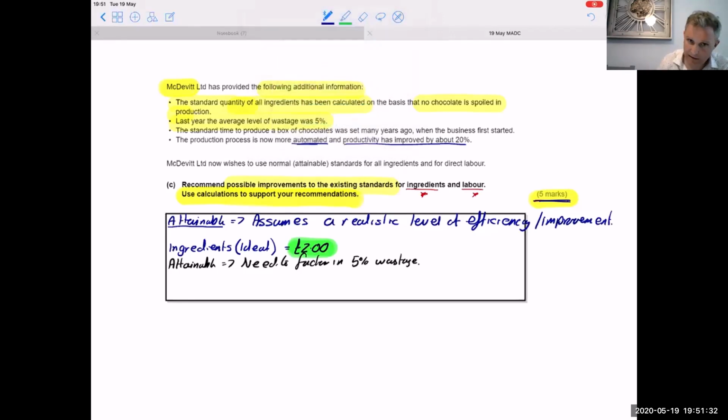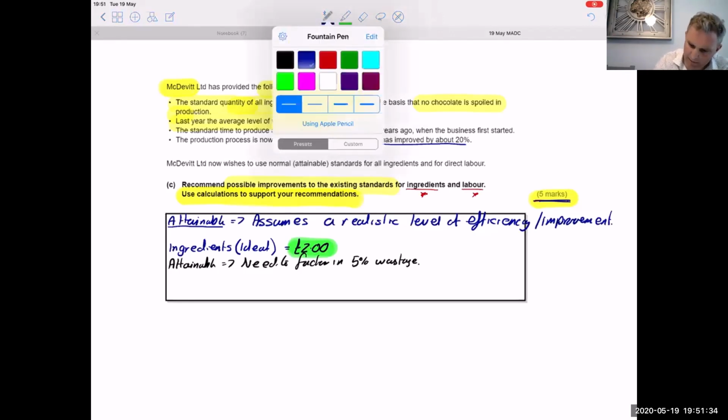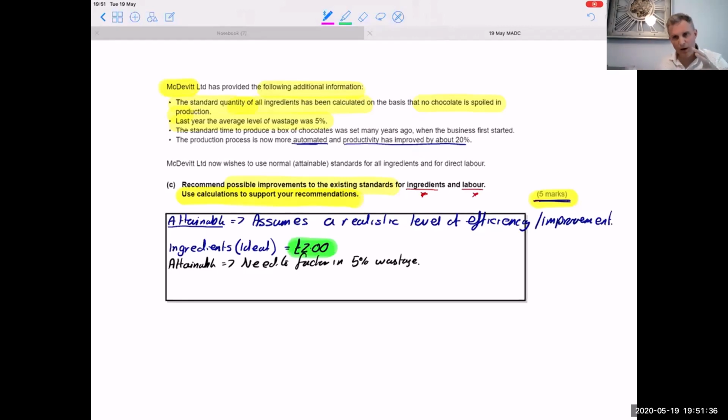This is the bit where I'm going to write in pink, as my working alongside the question. The amount that I need is £2. That's the amount that goes into my product, in a perfect world with no wastage.